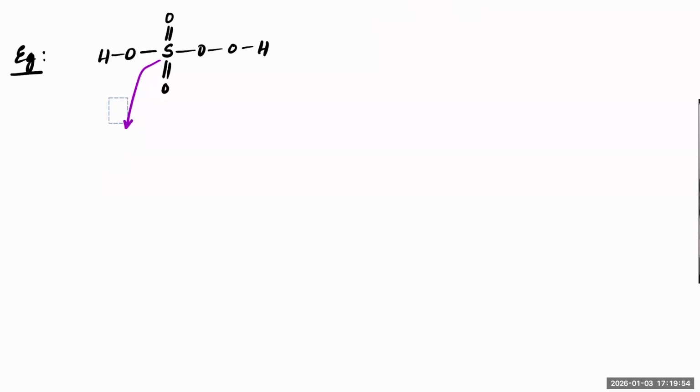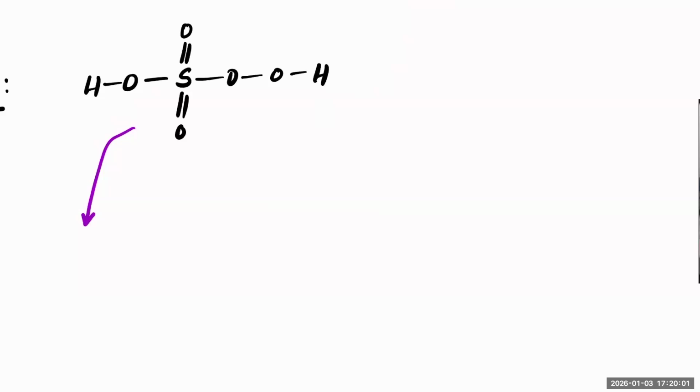To find out the oxidation state on sulfur, what will I do? You know that sulfur will lose one electron on this side. It will lose two electrons on this side. It will lose two electrons on this side. And lose one electron here. One bond means one electron loss, correct?